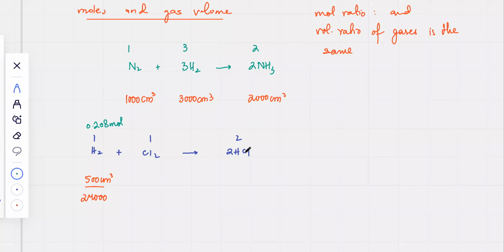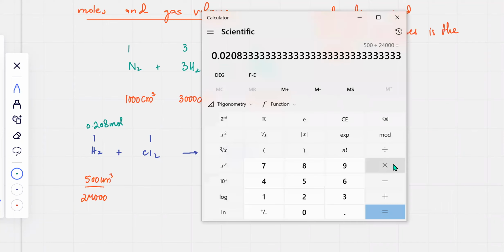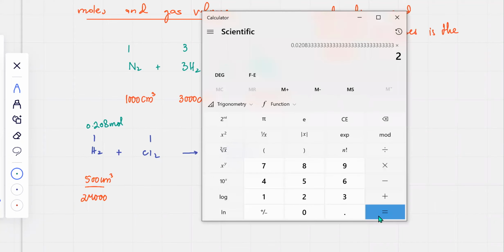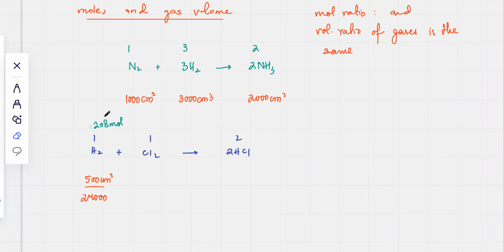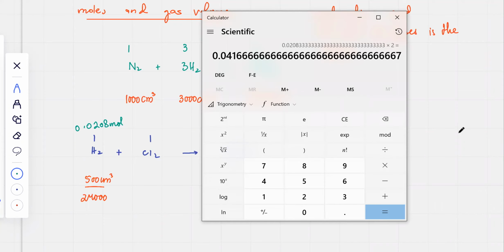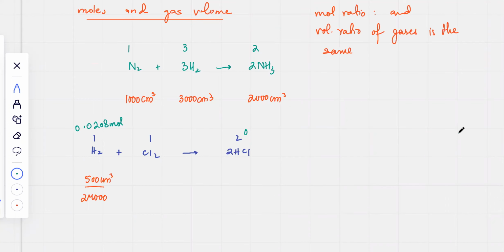Then using moles, I'll find the ratio of this one, which is double that amount. So if I double that, I'm going to multiply that by 2. It was actually 0.0208. Just a second, let me correct this. 0.0208. I double that, I find the moles of HCl, which are coming out to be 0.0417 moles.